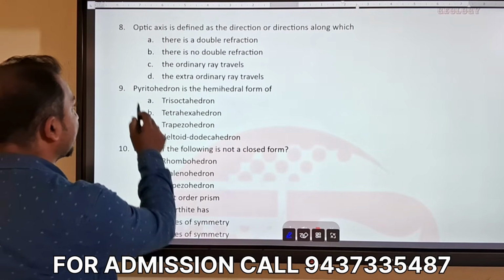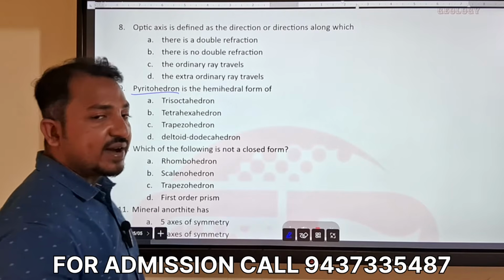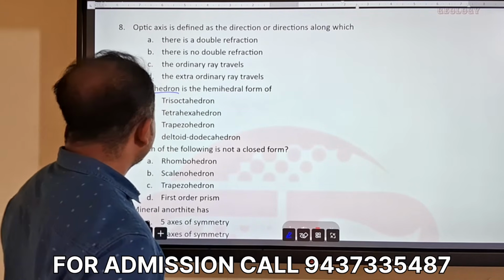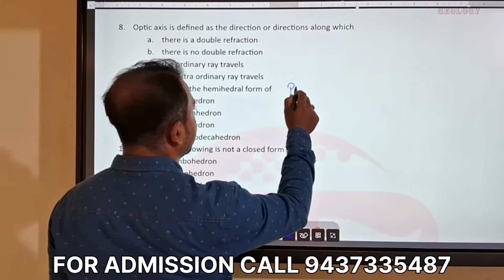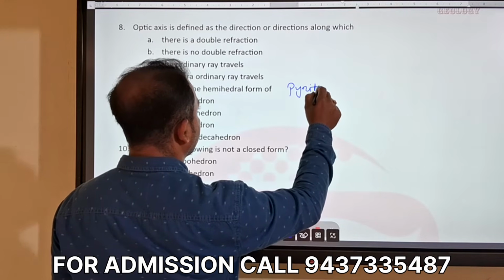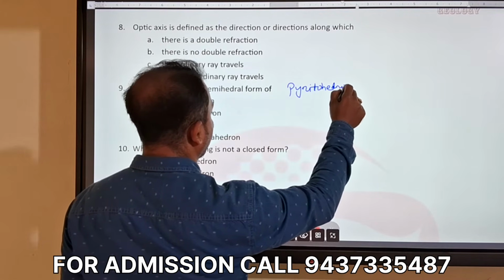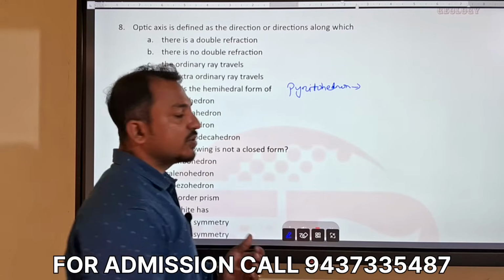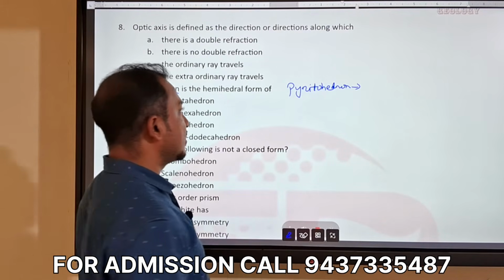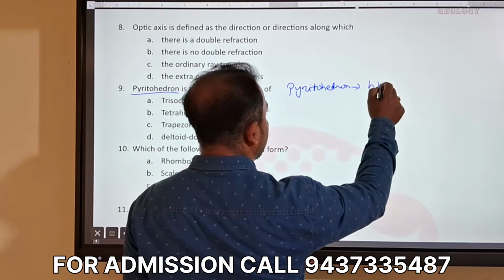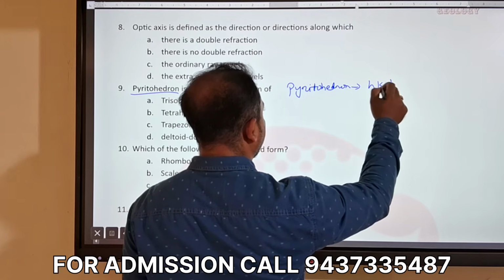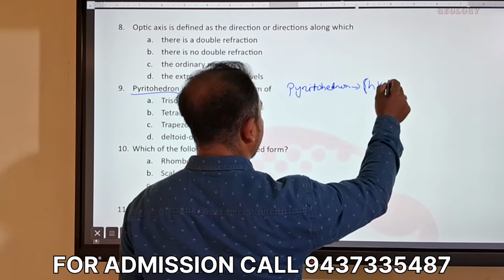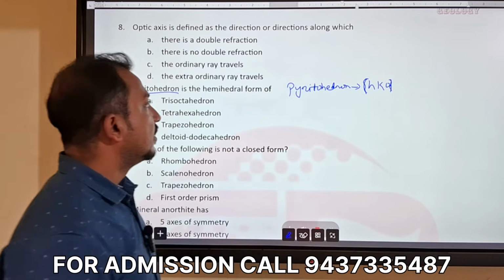Then, pyritohedron is the hemihedral form of? So pyritohedron, the name comes from pyrite, it belongs to the diploidal class, and has a symbol of hk0.